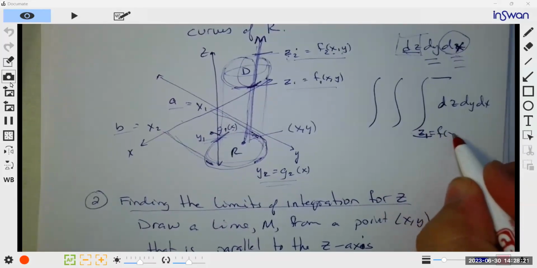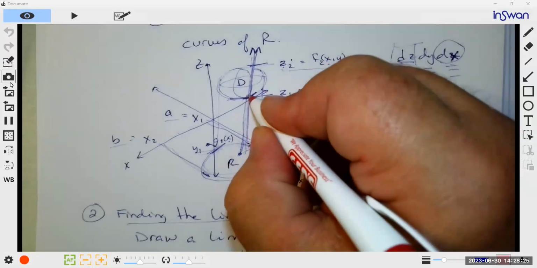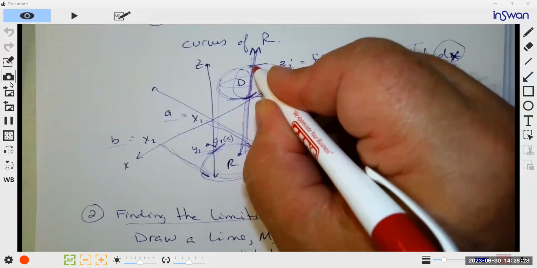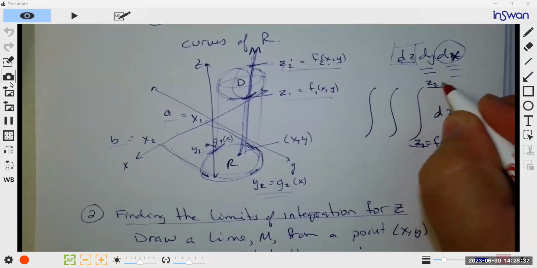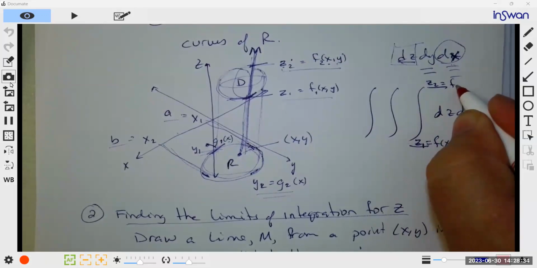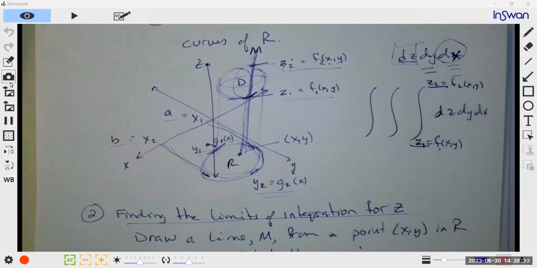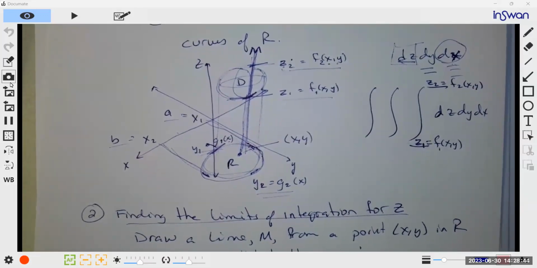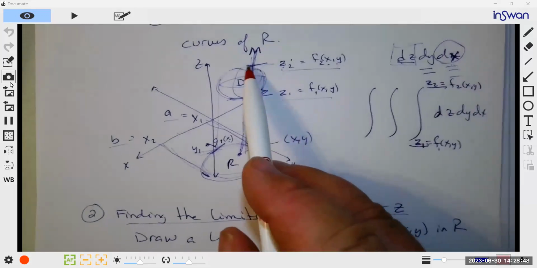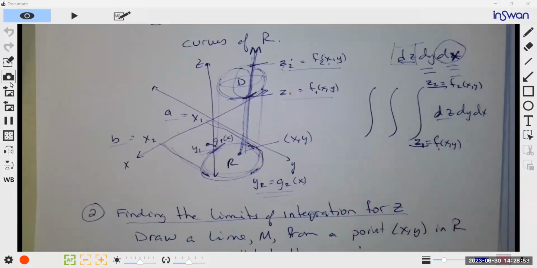So that's where it first touches our object. And then as it goes through, where it exits that graph, that's our second bound. So that defines our upper and lower bounds of integration for our first variable.